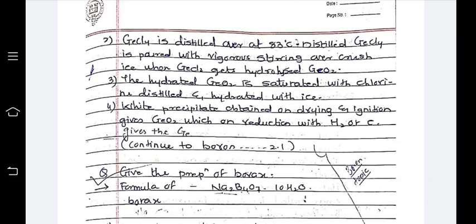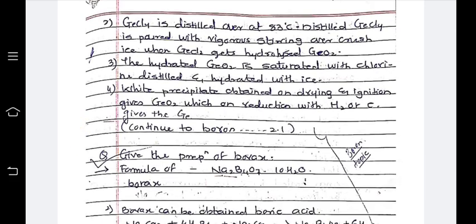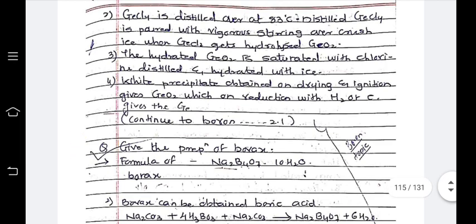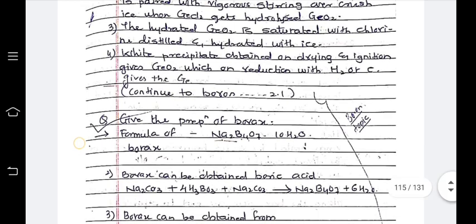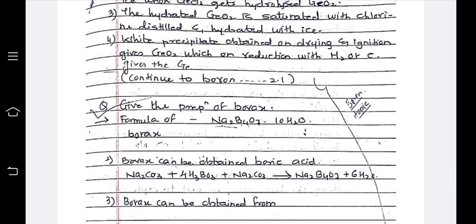The distilled GeCl4 is passed with vigorous stirring over crushed ice, when GeCl4 gets hydrolyzed to GeO2.